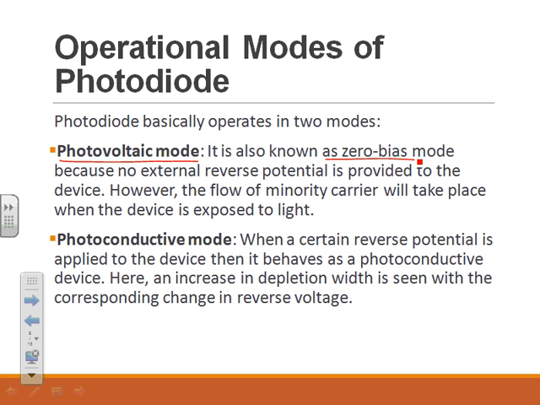Actually, diodes can be biased in two ways.